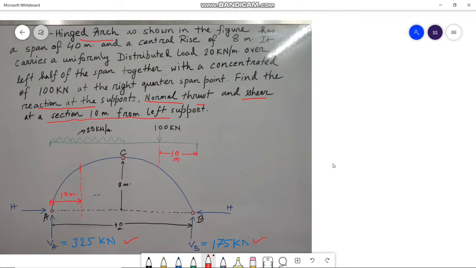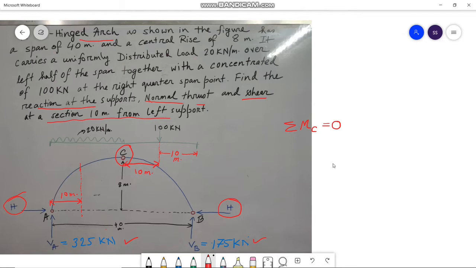Now let us calculate the horizontal thrust, that is H. In order to calculate, we have to take the moment about point C, and summation of moment about point C equals to 0, as at point C there is a hinge, that is here, and from this point up to this point the distance is 10 meter.